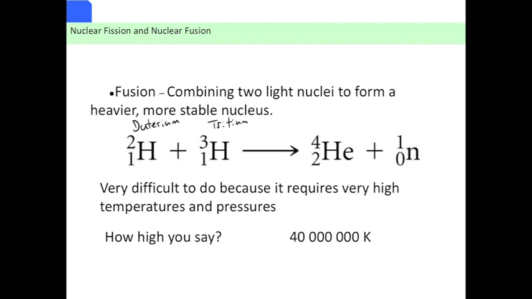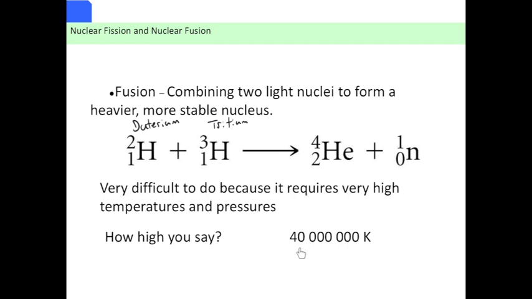This process requires a lot of pressure and very high temperatures. This is very difficult for humans to do on Earth, because it requires a minimum temperature of 40 million Kelvin in order to initiate fusion. And we can't do this with just anything. The only way that we have seen fusion work is using a hydrogen bomb, which actually requires the use of a fission reaction, which we'll talk about in a few minutes, to initiate a fusion reaction.